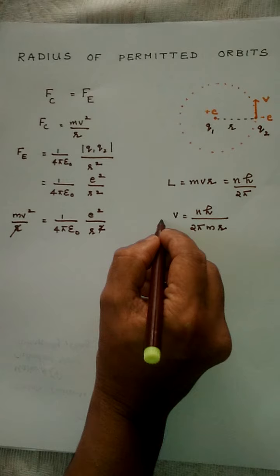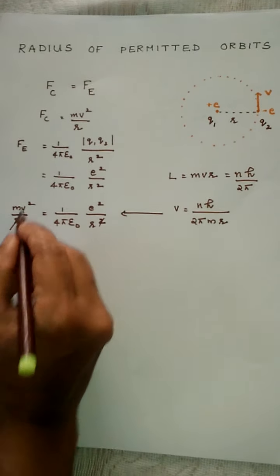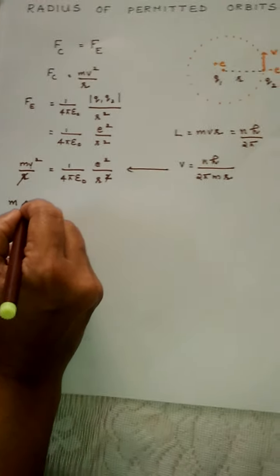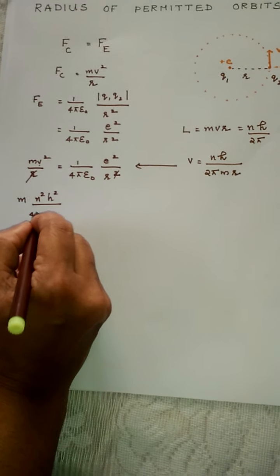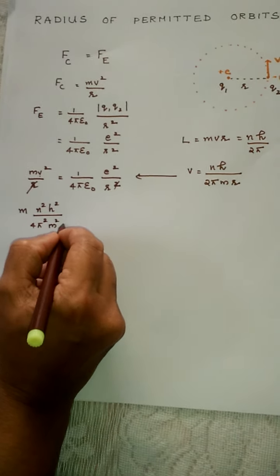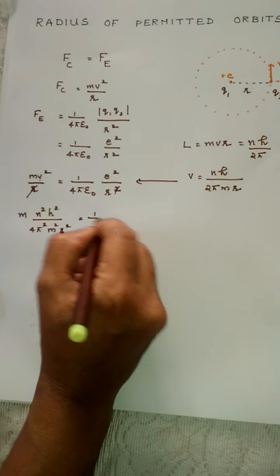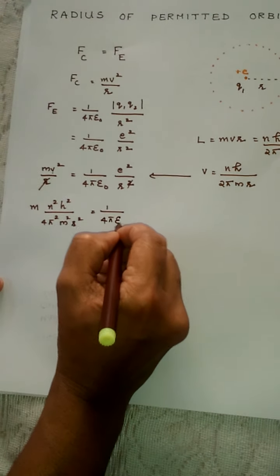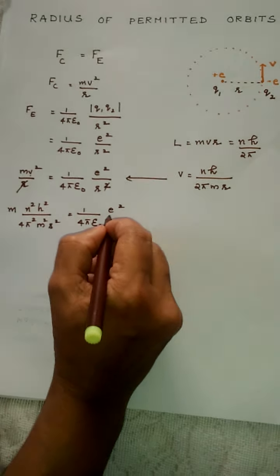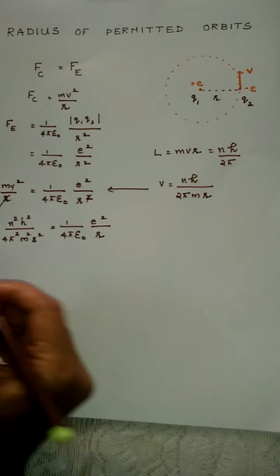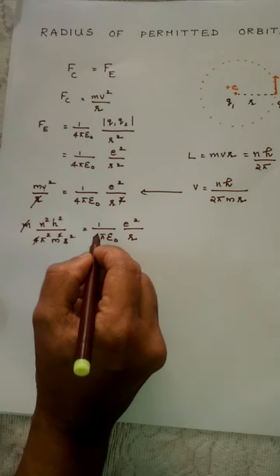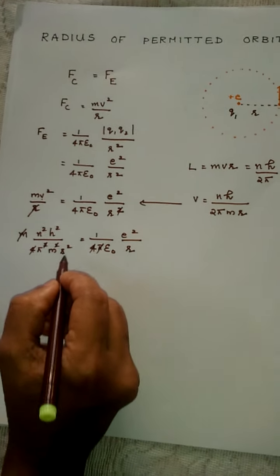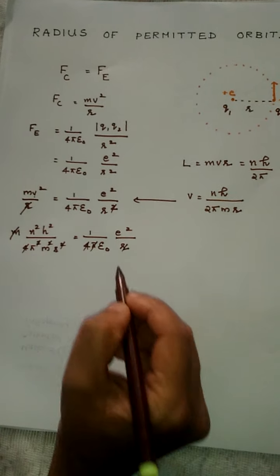So let us substitute v square in this equation. So m into n square h square by 4 pi square m square r square is equal to 1 by 4 pi epsilon 0 e square by r. So we can cancel one m, 4, one pi and one r also.